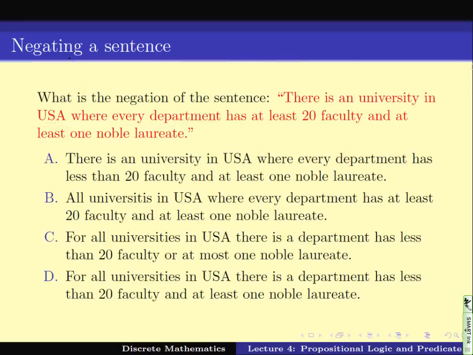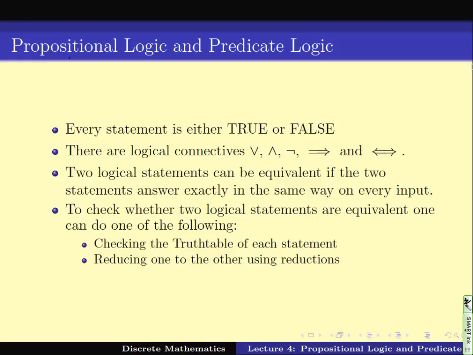So this brings us to the end of propositional logic and predicate logic, at least the basic rules of that. To recollect again, every statement is either true or false. There are logical connectives: and, or, not, implies, and if and only if.